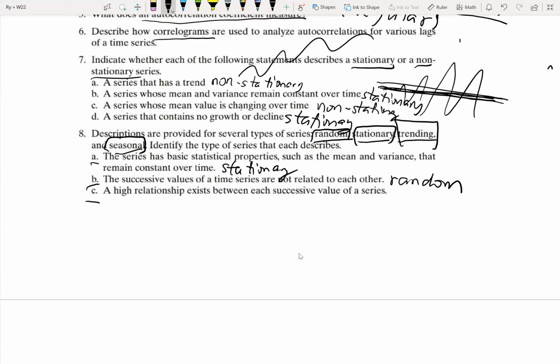Does it belong to random, stationary, trend, or seasonal? Trending. Excellent, trending. They have a close relationship. Okay, or non-stationary, but we don't have that option.